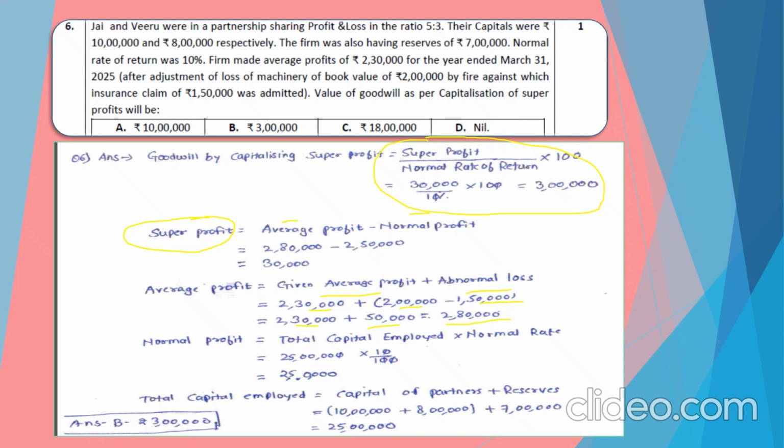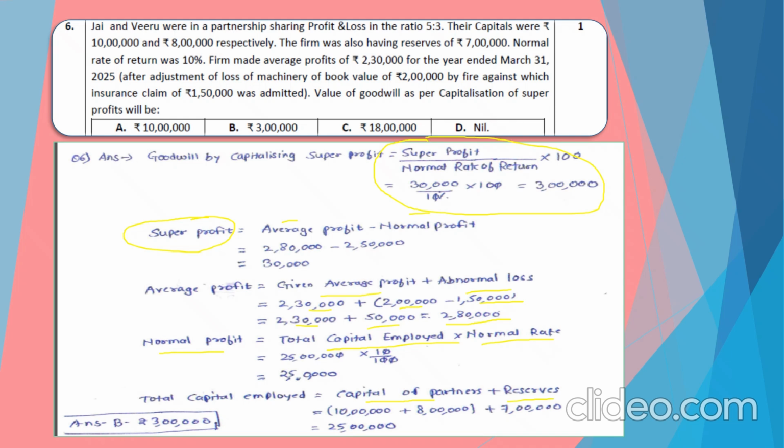Okay. Now we come to normal profit. The normal profit is total capital employed into normal rate of return, right? So your normal profit will be your capital employed into your rate of return. Your capital employed, they have given in the question the capital of partners, right? So these are the capital of partners plus reserve.